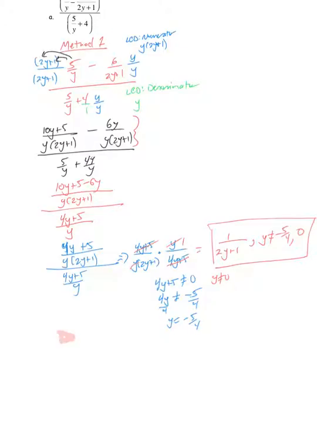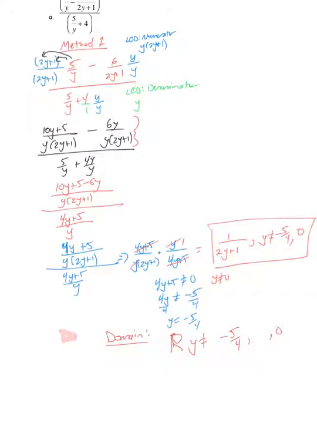Okay, so for the domain, any value that made the original expression undefined. In this case, we have negative 5/4 and 0, which came from the factors of 4y plus 5 and y. So we're going to say it's all real numbers except y is not equal to negative 5/4 and 0.